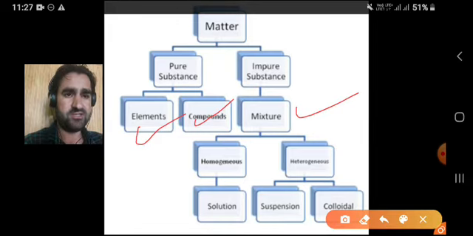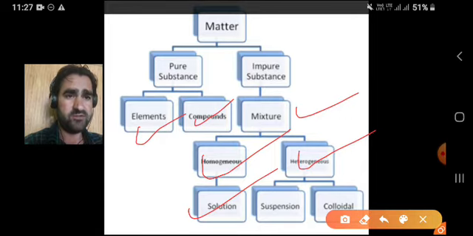Mixtures are then categorized as homogeneous mixtures and heterogeneous mixtures. Then we have solutions, which are a subtype of homogeneous mixtures. Rather, all solutions are homogeneous mixtures. Then we have heterogeneous mixtures having suspensions and colloids. We have to discuss all these one by one.